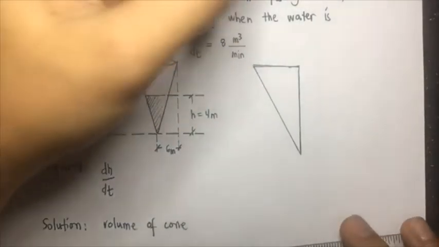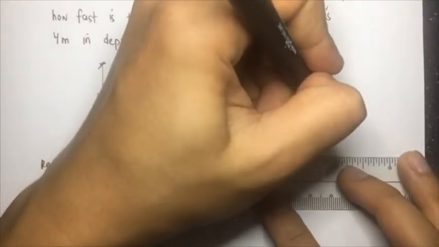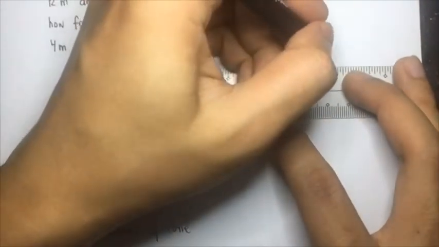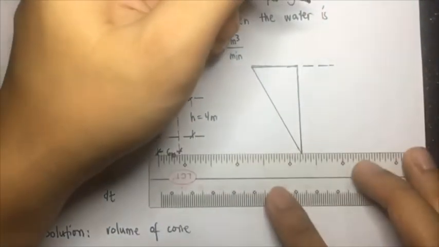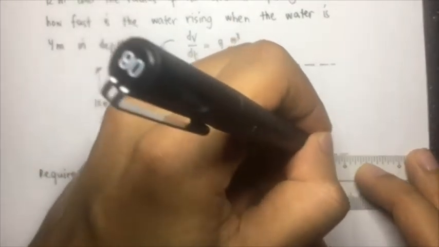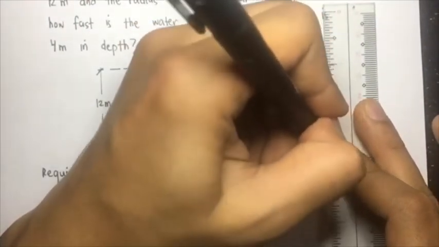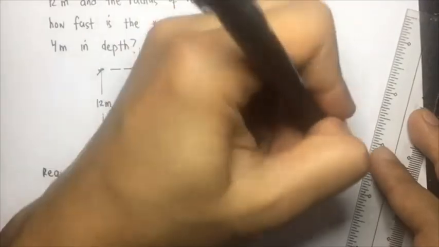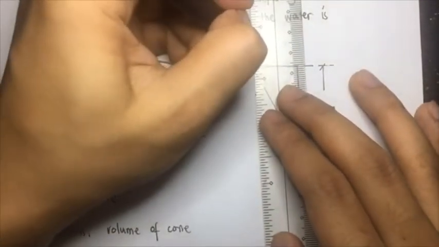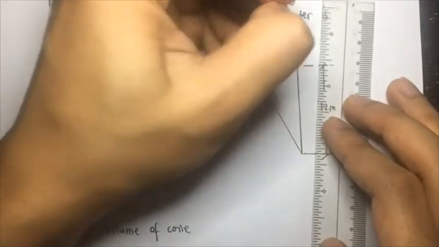Okay, so we take half of the cone. So this is 12. Okay, so from here to here, this is 12 meters. And then from here to here, this is 6 meters.